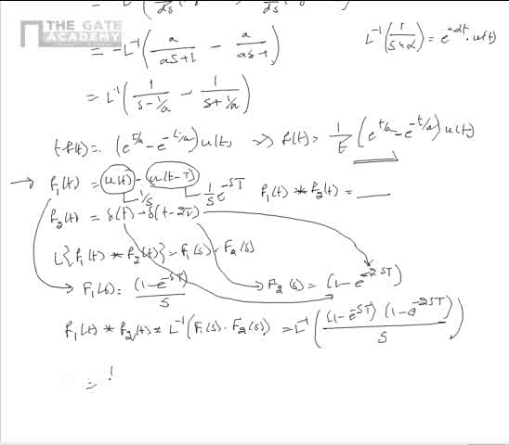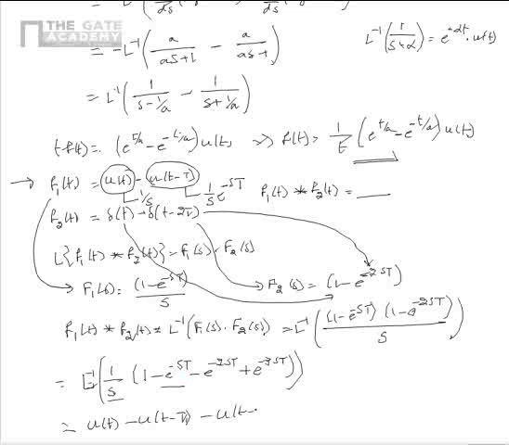This can further be simplified as L inverse of 1/s multiplied by (1 minus e^(-sT) minus e^(-2sT) plus e^(-3sT)). From this we can write that the inverse Laplace transform is u(t) minus u(t minus T), which is the inverse Laplace transform of e^(-sT)/s, minus u(t minus 2T) plus u(t minus 3T).